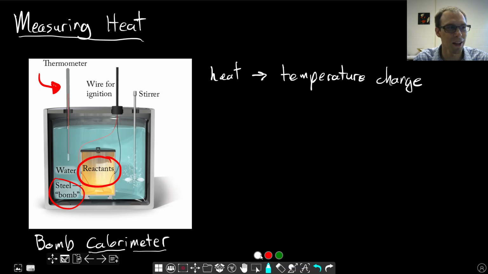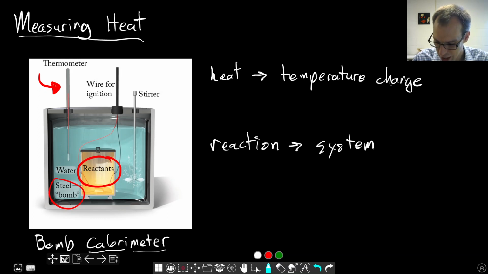These things are really heavy, and it allows you to contain the reaction that's happening inside. And so you put your reaction, often a chemical reaction, and we'll talk about heat related to reactions as we move forward in the next couple of videos. But that's going to be your system.